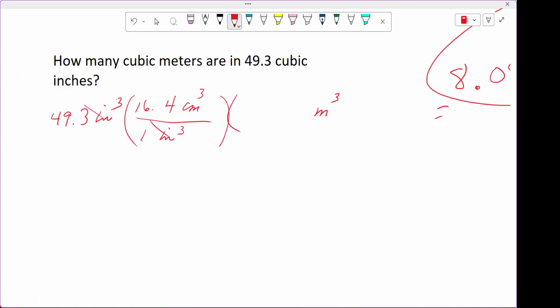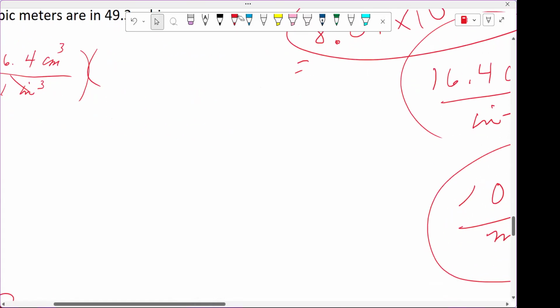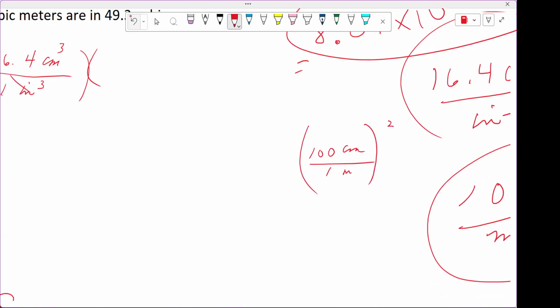Okay, so now we're in cubic centimeters. Now we need to get over to cubic meters. Same conversion. So we're going to have 100 cubed.